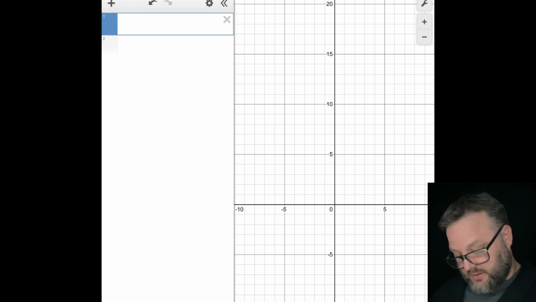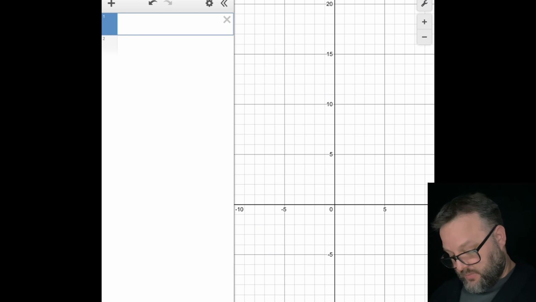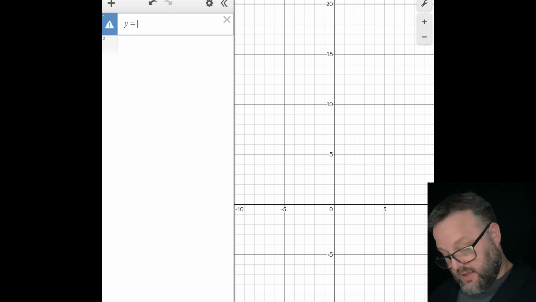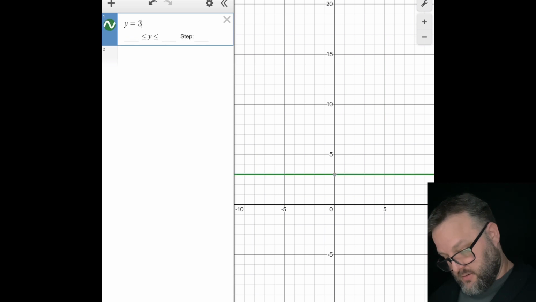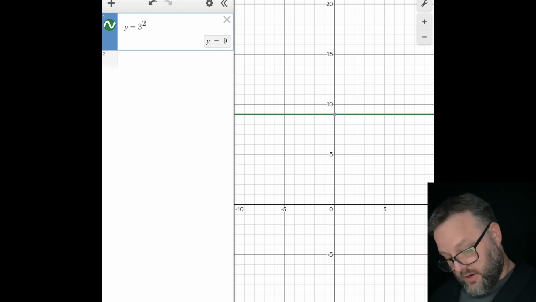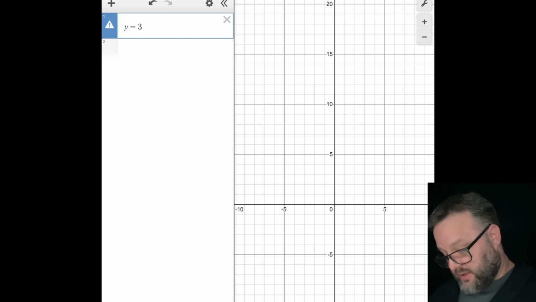Now I'm going to go to enter, and I want to type y equals 3 to the power. I want to do parentheses, because watch this if I don't.